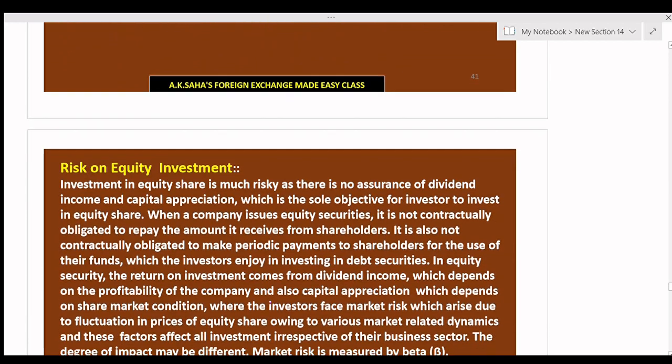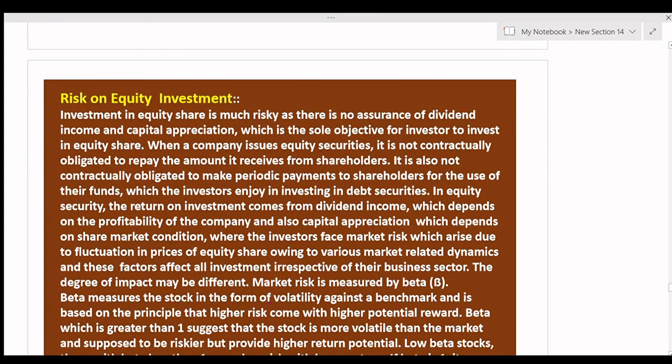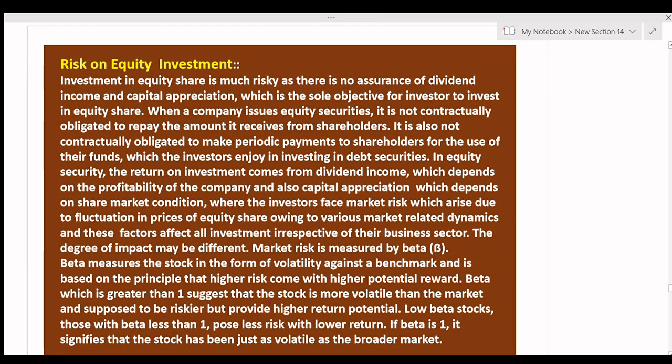Now come equity share. Risks on equity investment. Investment in equity share is much risky as there is no assurance of dividend income and capital appreciation, which is the sole objective for an investor to invest in equity share.